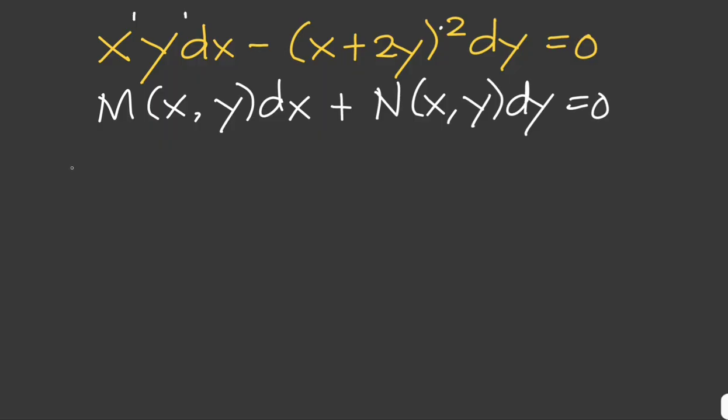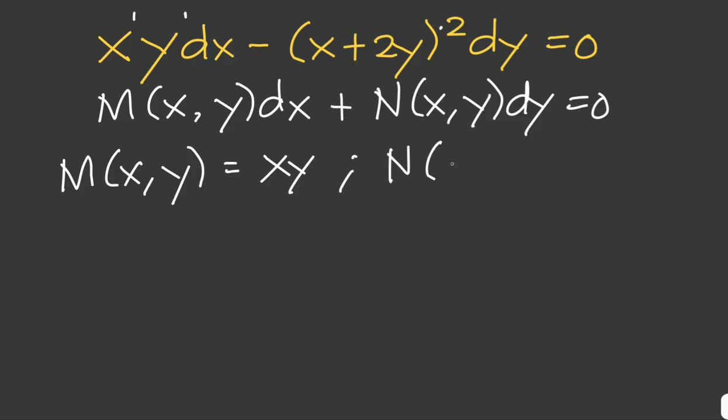So our M function here is xy, while our N function is negative (x plus 2y) squared. Now the next step we do is we choose which of the two functions is simpler. Of course, the function M here is simpler.